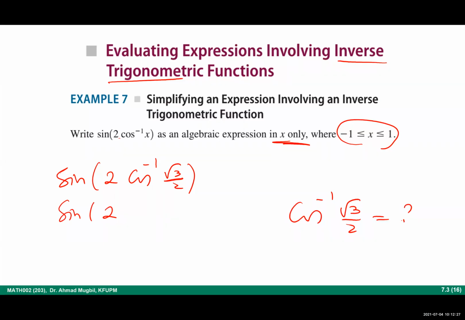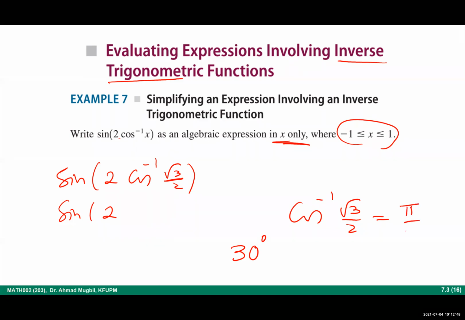Is it 30? 30 what? If you say 30, radian. Oh, pi over 6. If you want, you should say 30 degrees.